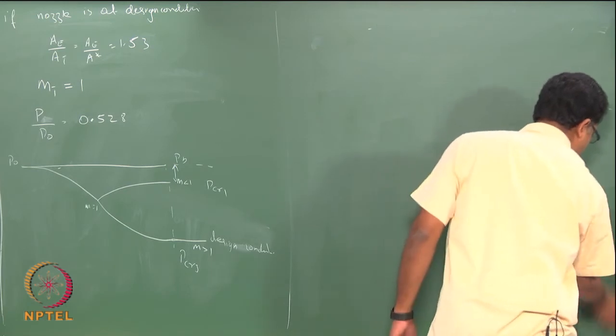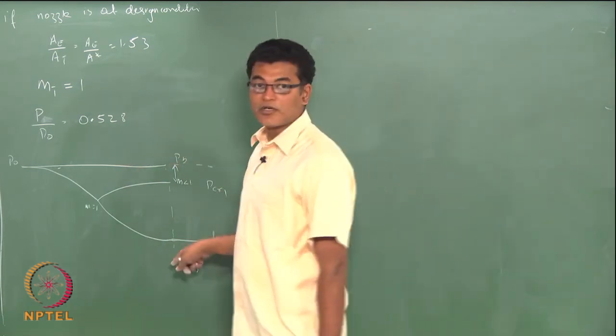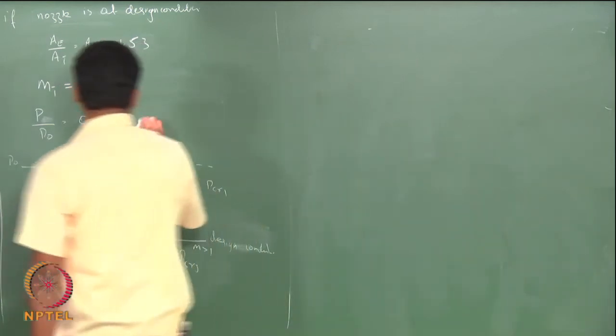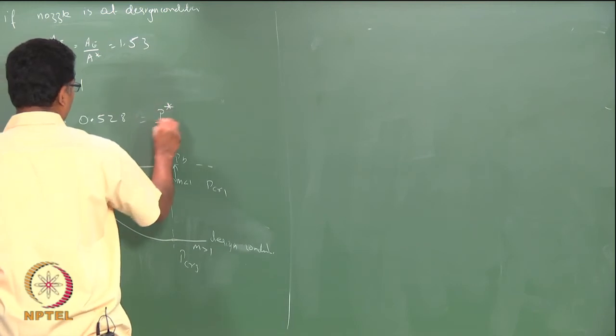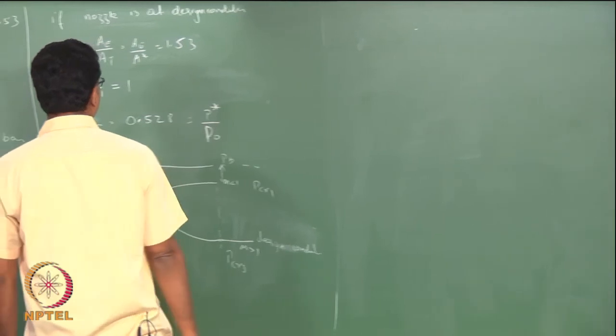So, all I need to check is if the pressure ratio is above or below this condition. So, this would be my so called P star by P0.